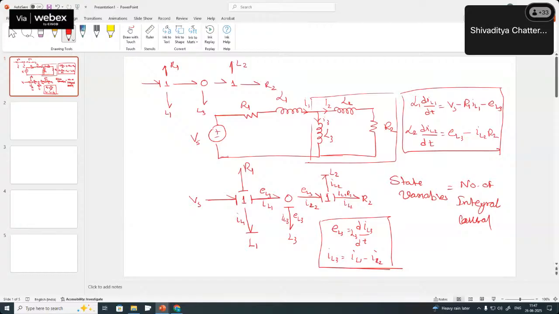Important is we have to follow the effort rule first and then the junction rule. Correct? Let's say I have assigned causality like this. Then first we will assign integral causality to both.